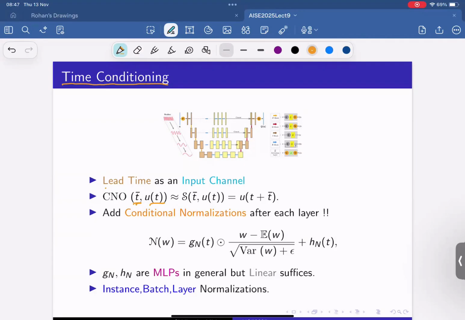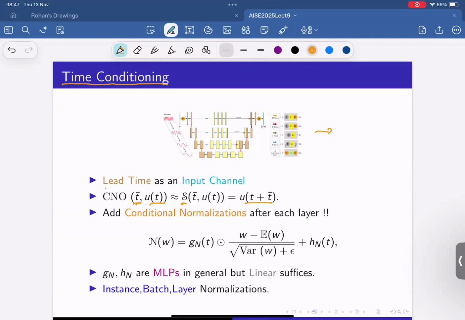So given these two, CNO or any other neural operator, CNO is shown here for concreteness, you learn the solution operator S, which given the current state and given the lead time predicts the solution at time t plus t bar. So this is really an approximation to the solution operator, not by composition, but directly. That is the difference from the autoregressive rollouts.